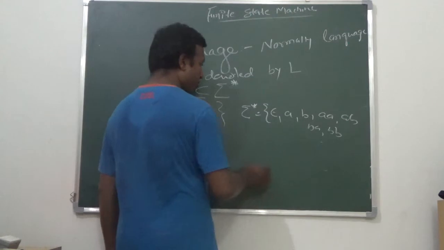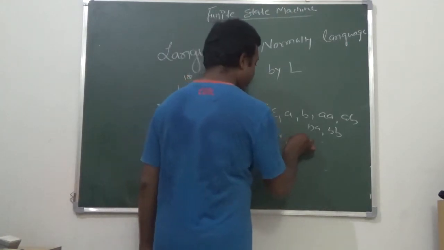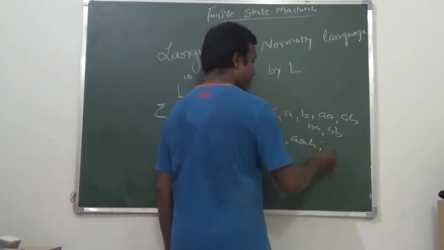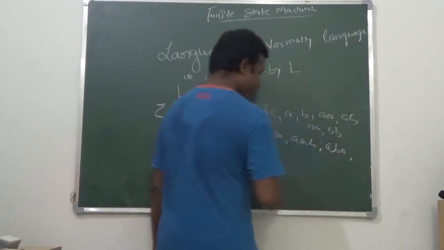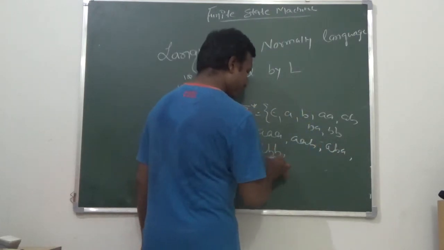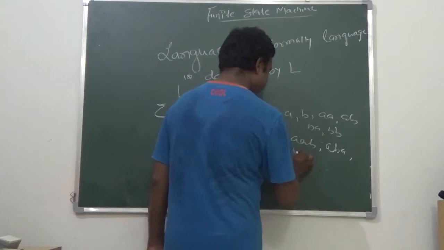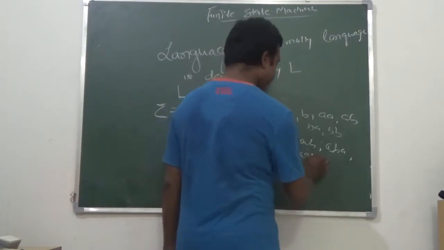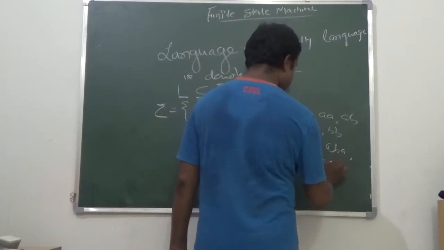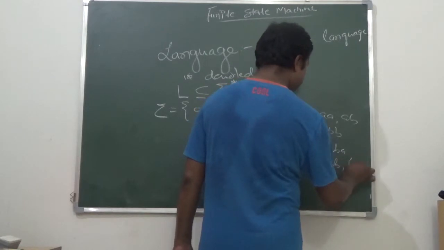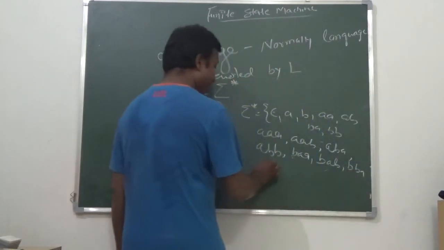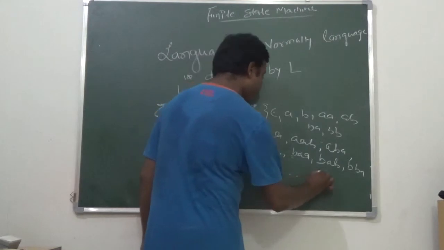If you think about 3 combination, it is AAA, AAB, ABA, ABB, then we have BAA, BAB, BBA, and BBB, and so on.